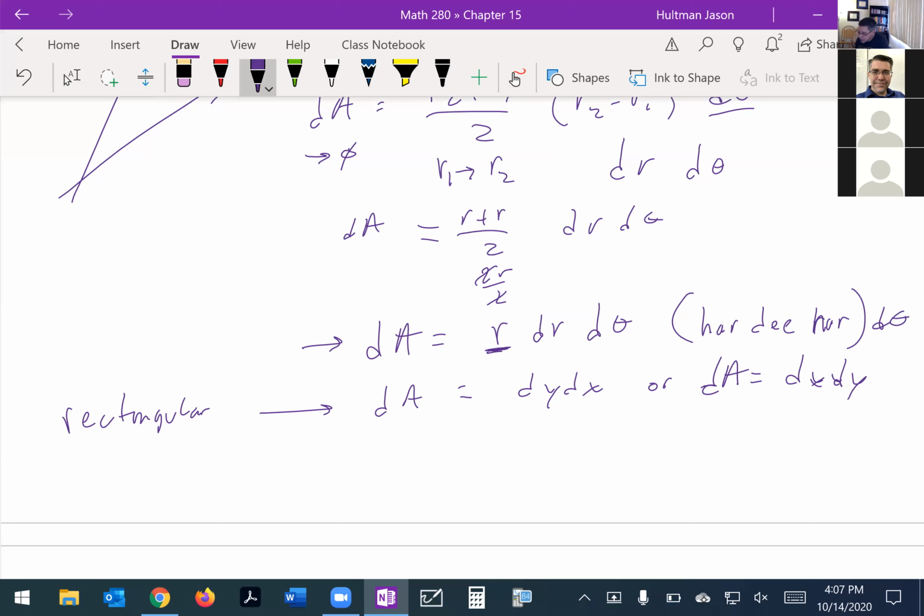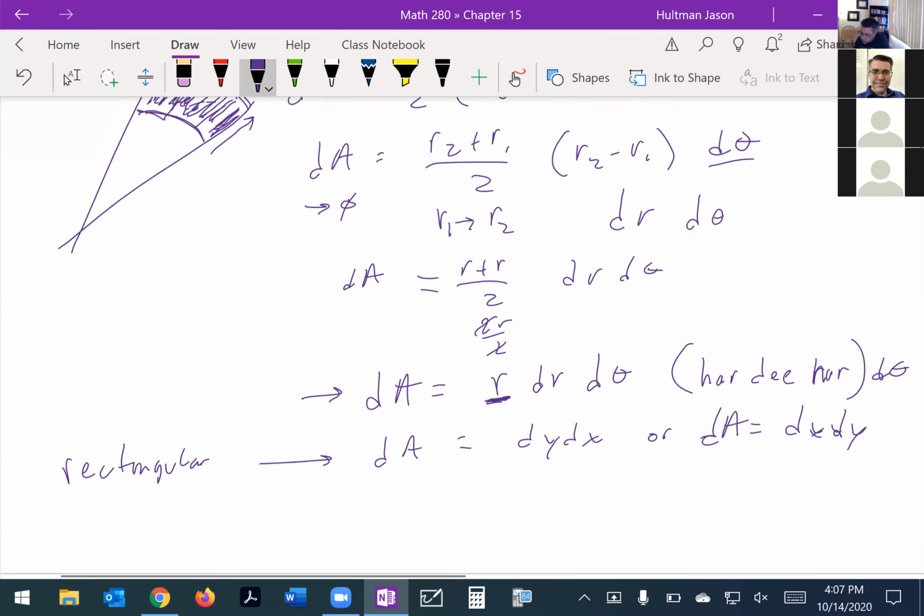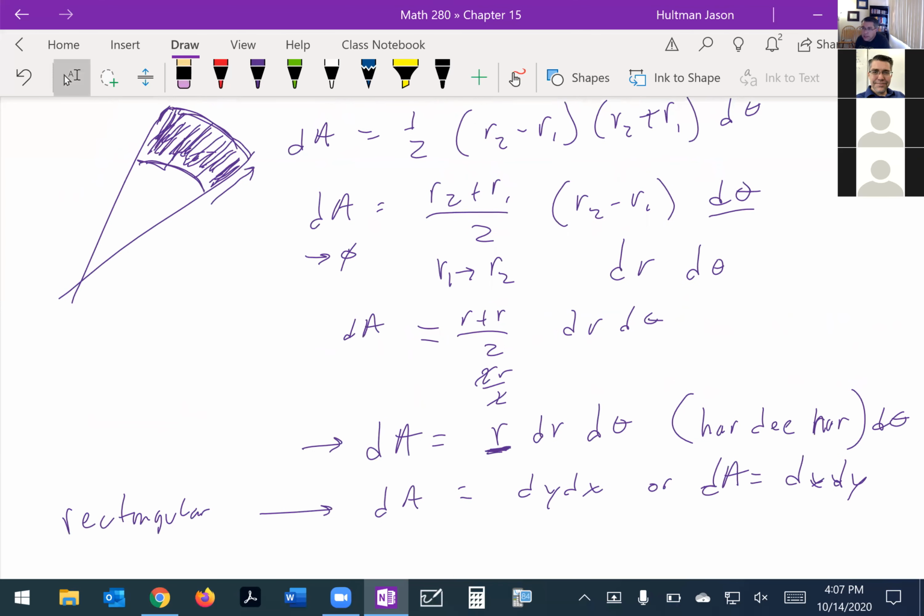You need that extra r because of what we showed here in trying to calculate the change in area. The change in area is based on a change in r, a change in theta, but it also has this extra r value. The change in area is with respect to r, and that shouldn't be counterintuitive.